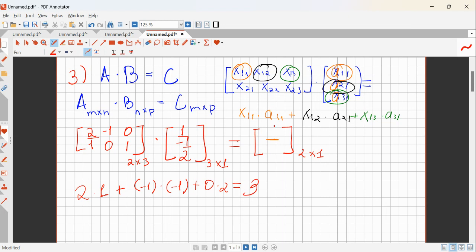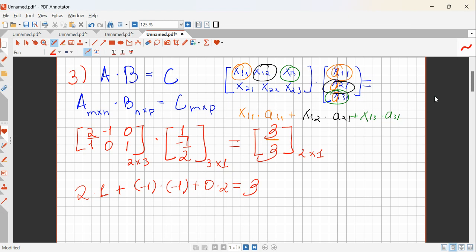So we got 3 here. And the same performance with the second row: 1 times 1, 0 times minus 1, and plus 1 times 2. So it's going to be 1, 3 again, isn't it? Yeah.